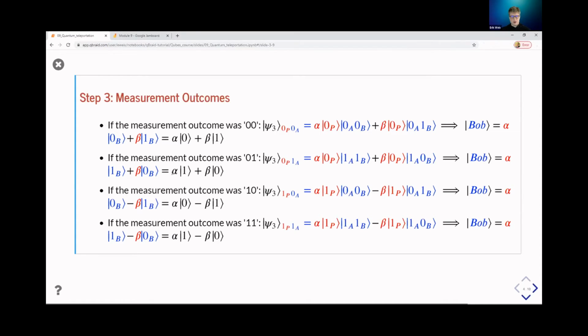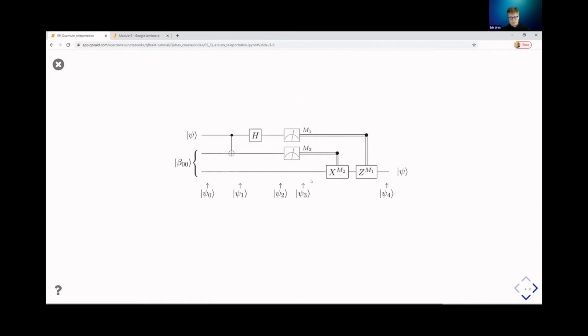But before we go to talk about how we can fix these, and we will be able to fix it, it won't require much doing at all. Before we can fix these states, to make sure that we do recover alpha 0 plus beta 1, is it clear how this happened? All right, let's go back to the image.